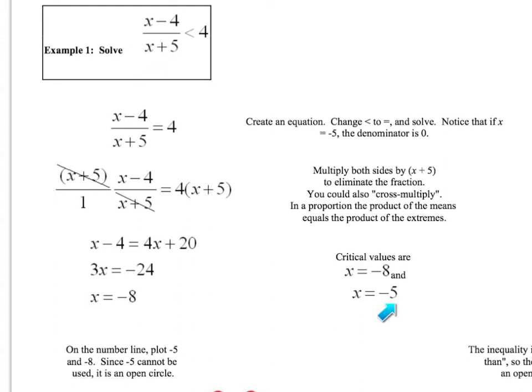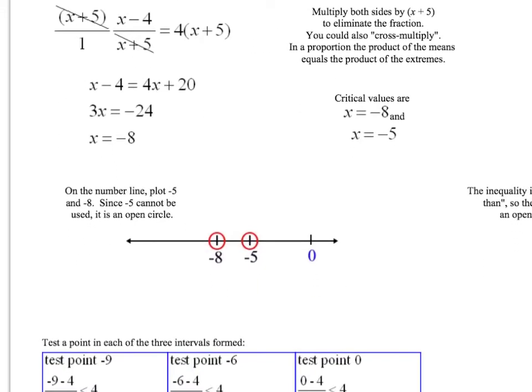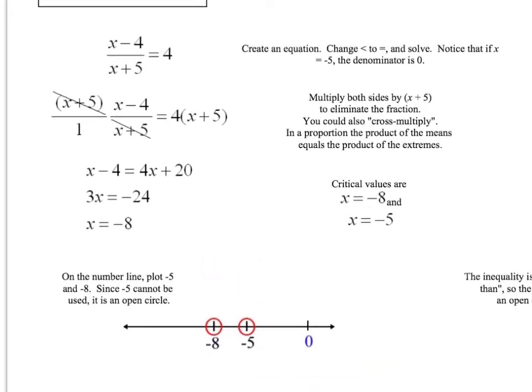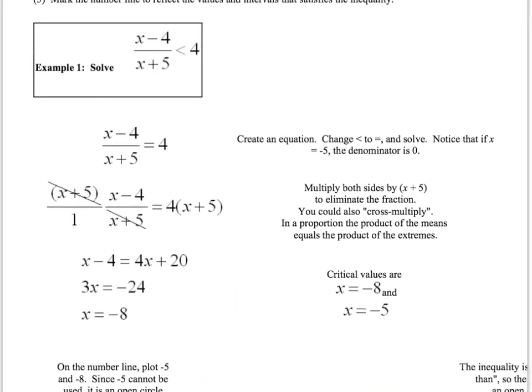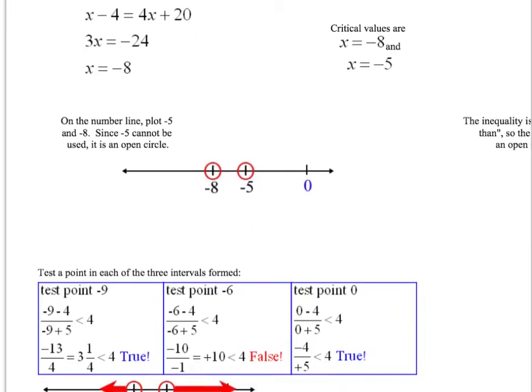So that's going to be an important point, as well as the answer that I found. On my number line, they included negative 8 and negative 5. Very important points. They also used open circles because it was just a less than symbol at the beginning, as opposed to a less than or equal to symbol.